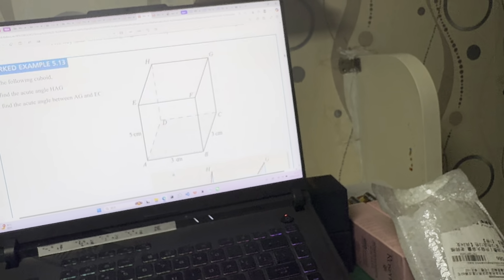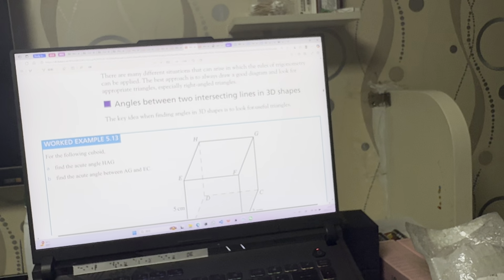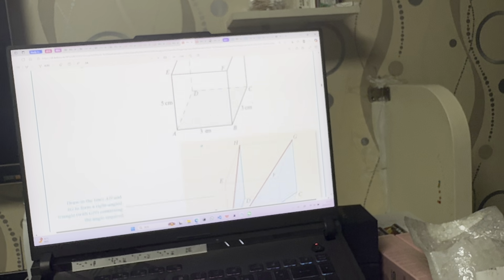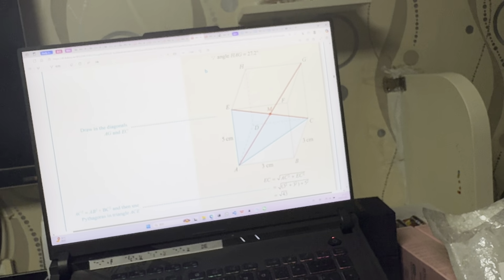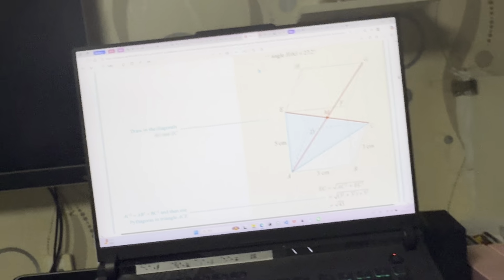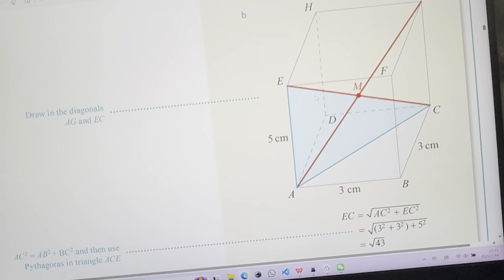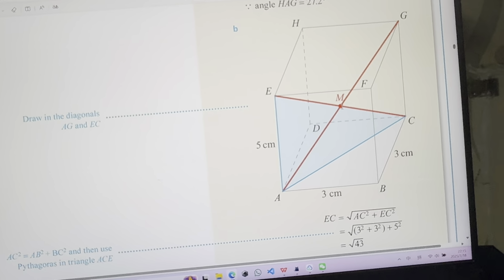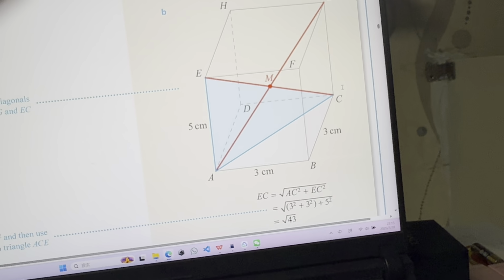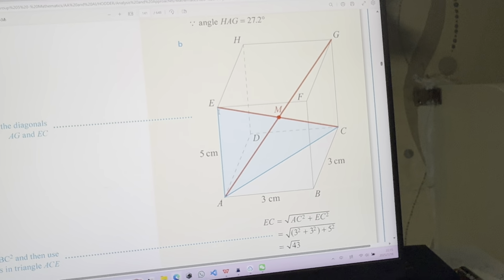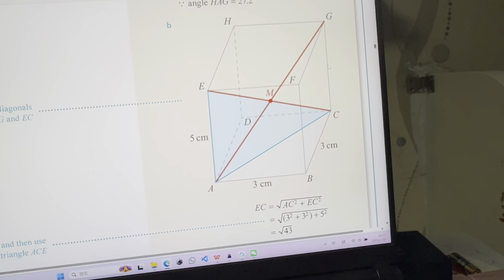So let me see this question. B wants to ask us the acute angle between AG and EC. Oh my god, this one. How do you calculate it? For me, my method will be: AEC is a right triangle, right?